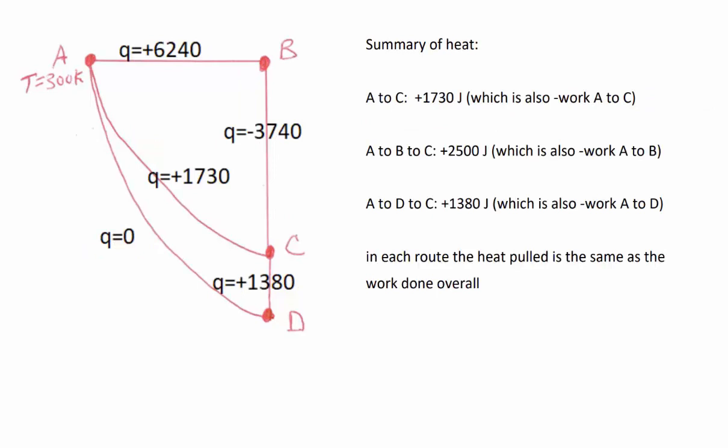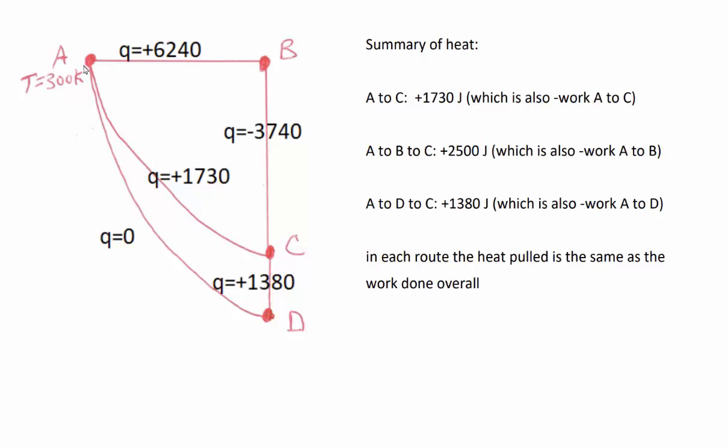We can sum up the picture for heat as well, and that's a little interesting to consider, right? When we go directly from A to C, that involves heat flowing in to the gas, positive 1730 for Q, and all of that heat is directly involved in expanding the gas. It leaves the gas at the same temperature. It doesn't heat up the gas at all.